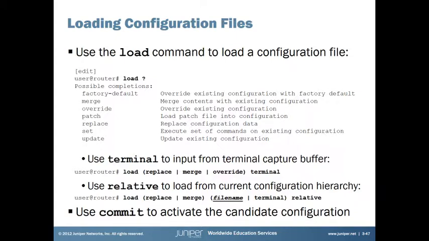Okay, you can do it that way. That is not the preferred way of doing it. The preferred way is pulling it in from a file. So you reference a file on an FTP server. I have heard from the Juniper techs that sometimes the load terminal creates a few issues. It doesn't load properly.